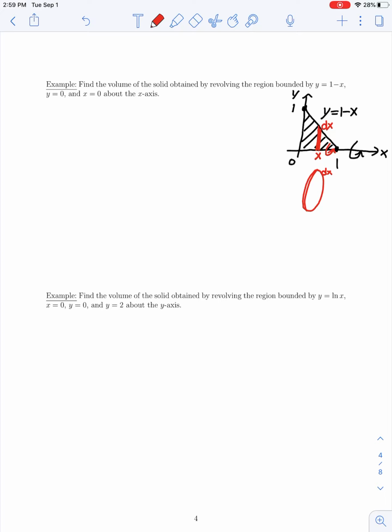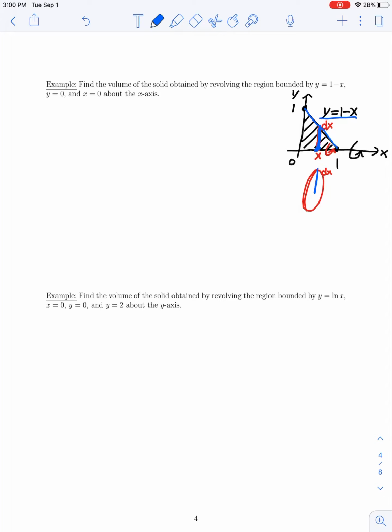And so the area of that disk would be pi times the radius squared, where the radius of our disk is the distance from the center, or the x-axis, up to the outer edge, which is given by this curve, y equals 1 minus x.